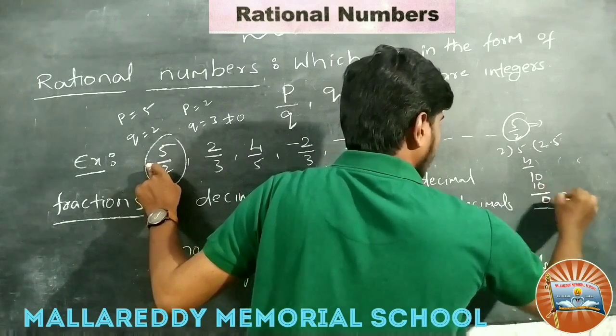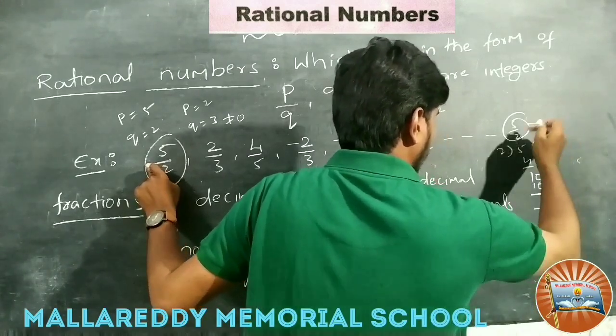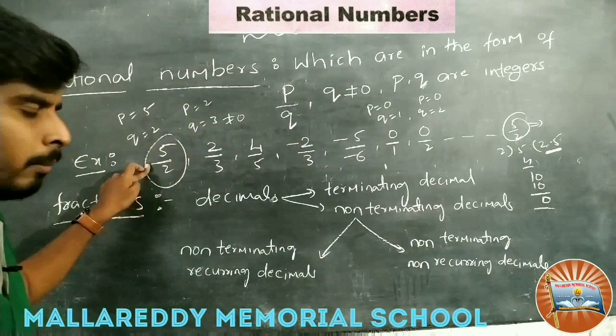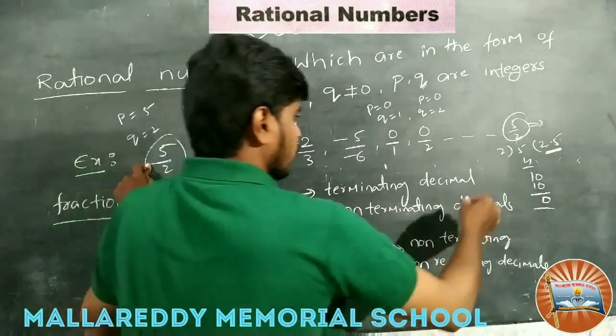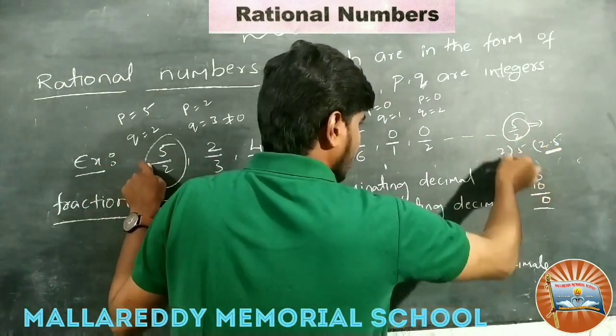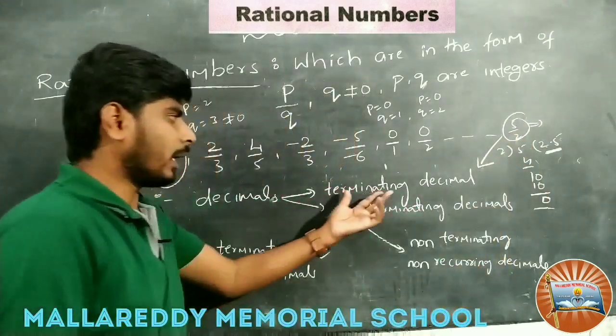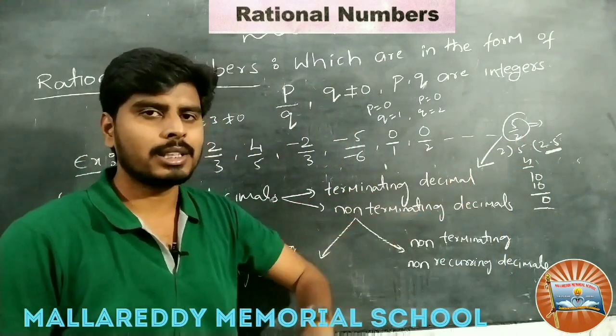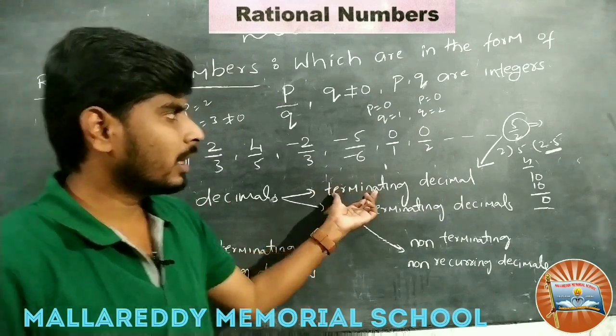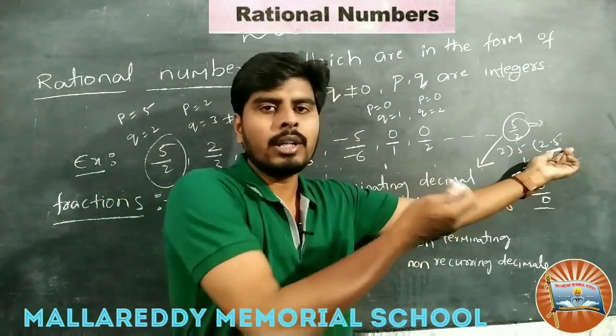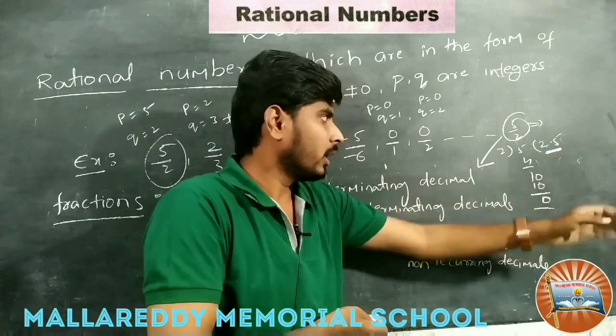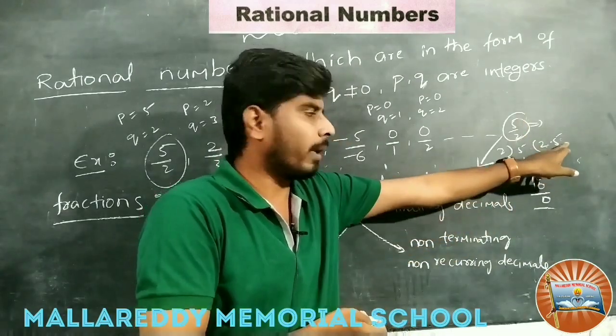So 5 by 2 we can express in decimal form as 2.5. This is the example for a terminating decimal. What does it mean? Terminating means they end at some decimal place. This 5 by 2 ended at 2.5 here.